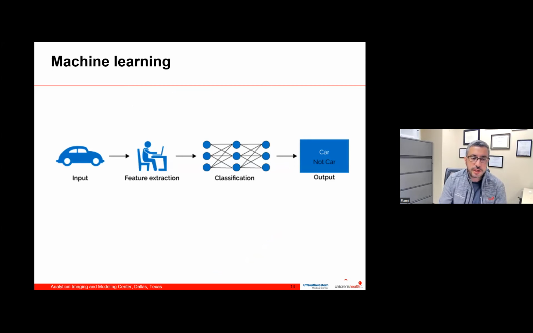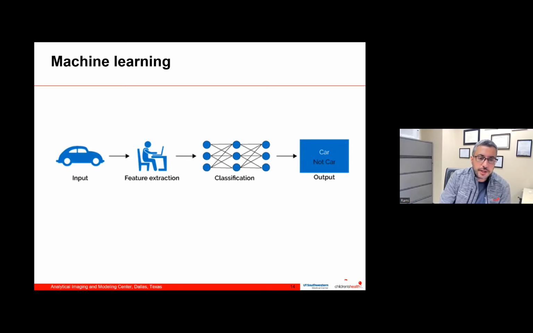The most important thing in machine learning is something called feature extraction. So if you look at this graph here, this is how you train a computer. First you need an input, which can be either an image, or speech, or just data. In craniofacial surgery, we tend to work a lot with images. So our input is often an image. But once you put an input in, you have to extract features.